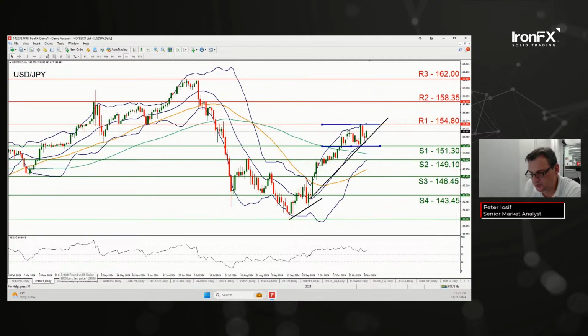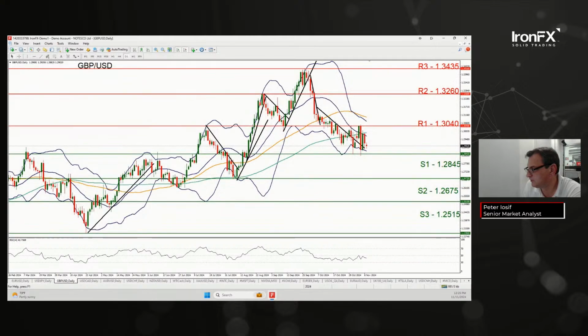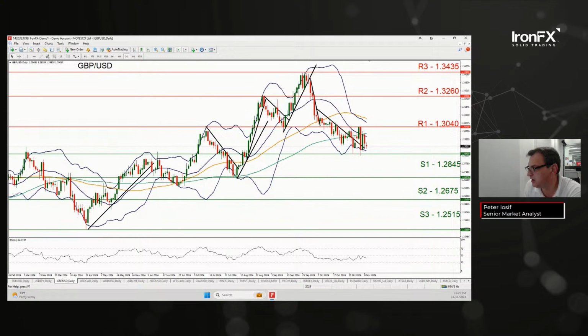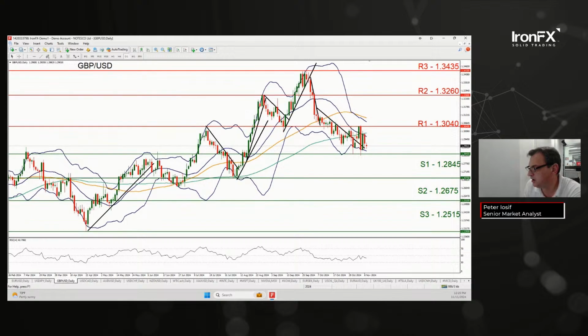Let's have a look at GBP/USD. Now here the situation is more clear. We have discussed already the fundamentals regarding the US dollar. Allow me also to discuss now the fundamentals on the GBP side of the pair.